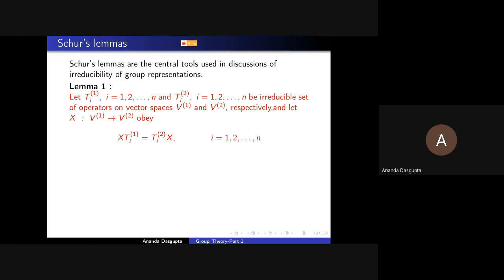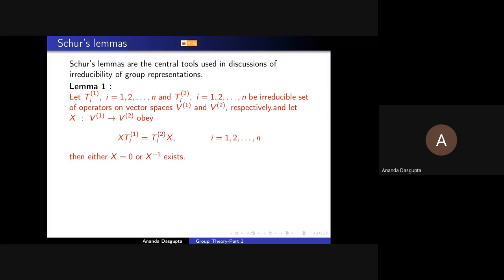So this is really not commutation. This is something called intertwining. Okay? And you will see when somebody talks about braid groups later, you will see more non-trivial examples of intertwining. But this is what intertwining means here. And basically, X intertwines between Ti1 and Ti2, the two sets of irreducible operators. If this happens, then a very useful result comes about.